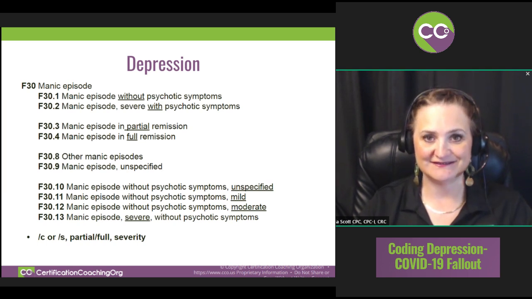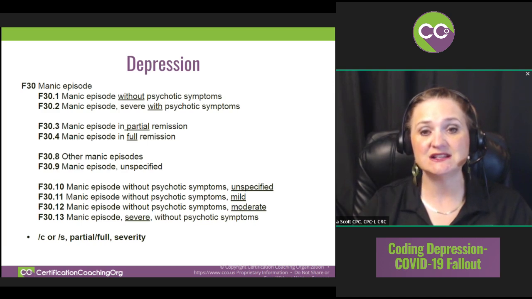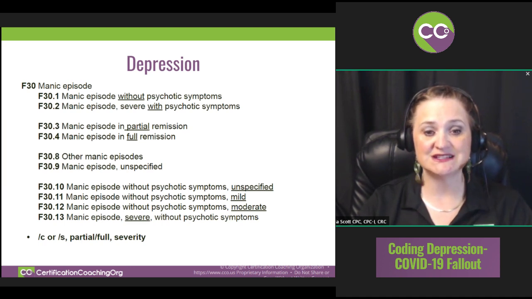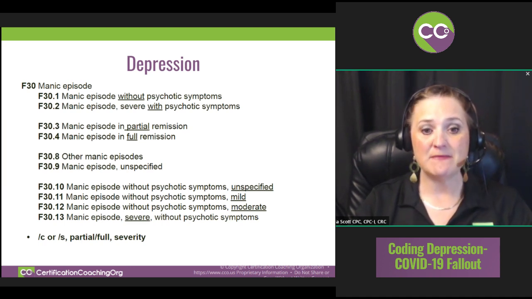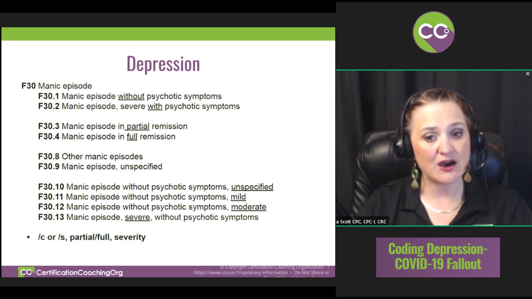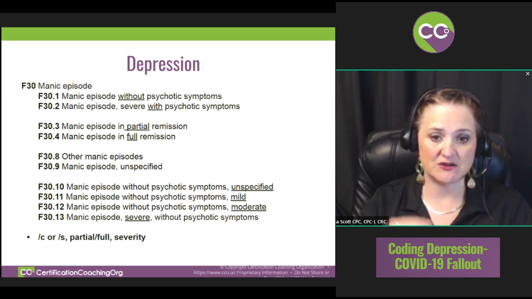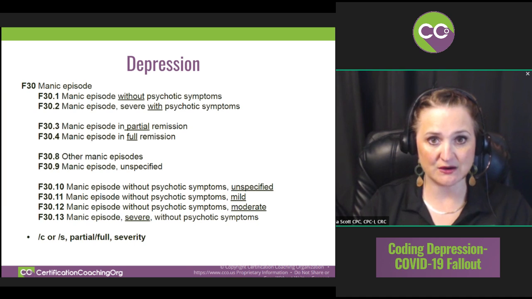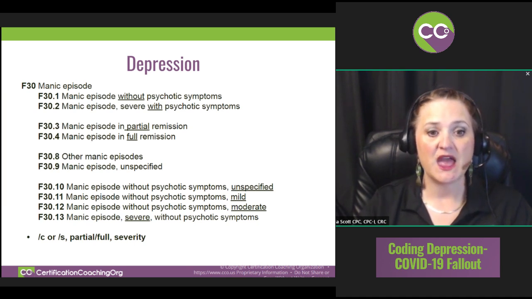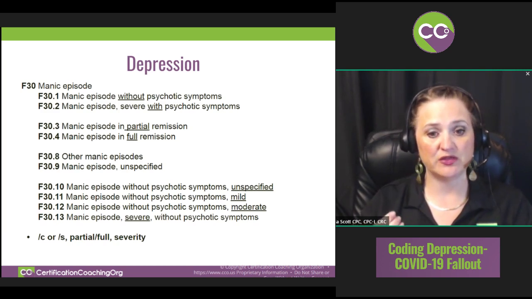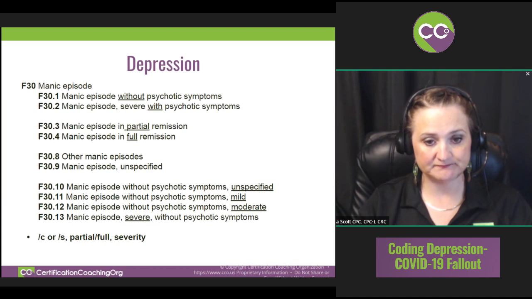And here, before, is unspecified instead of a 9. So F30 is a manic episode, with psychotic symptoms. Now, all of those are without psychotic symptoms. The 1 is mild, and 2 is moderate, and then 3 is severe.